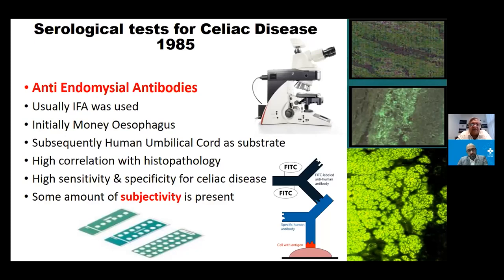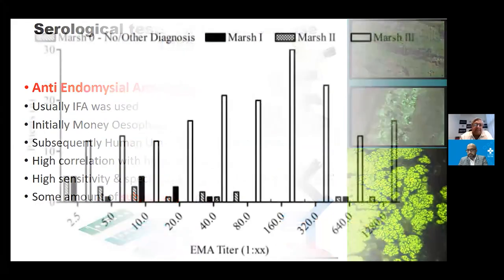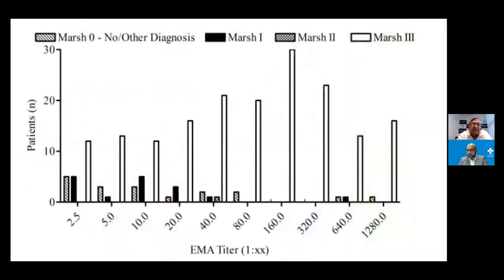It had high sensitivity and specificity for celiac disease, but it has 2 drawbacks. One, it requires the use of an immunofluorescence microscope. The second is that it is in the eye of the beholder, so there is some subjectivity in whether you see the fluorescence well or it is low fluorescence. But there was good correlation with Marsh score. The higher the titer, the more severe the damage.